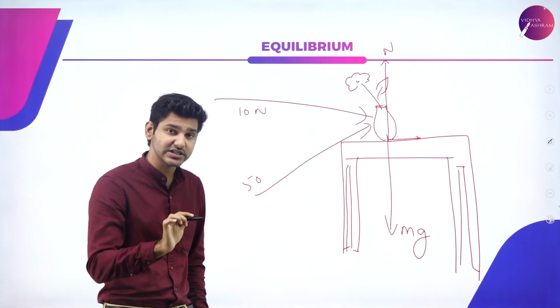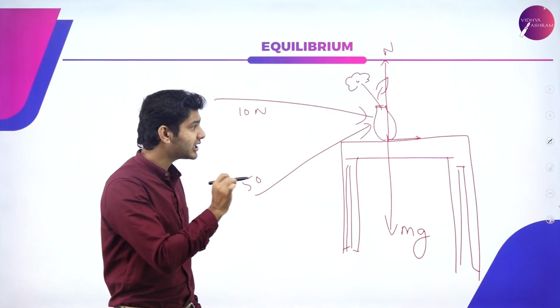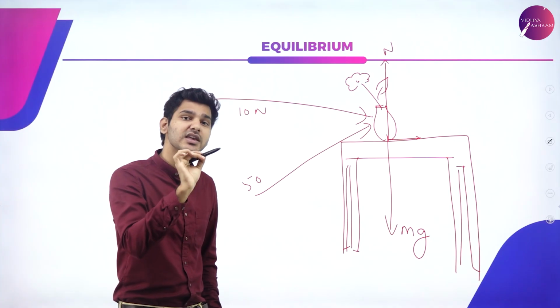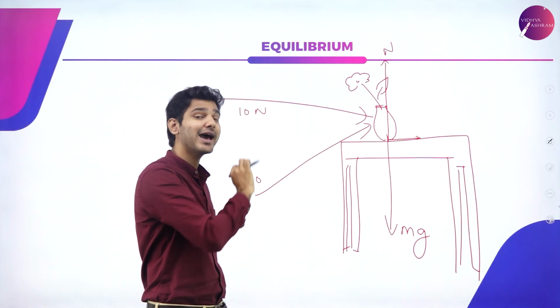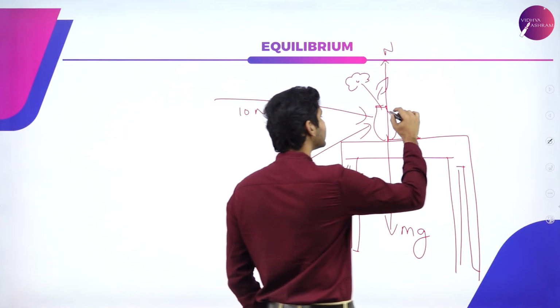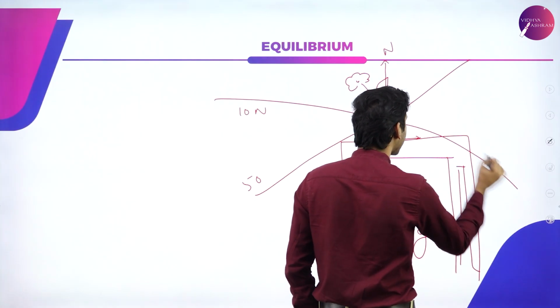But the only point is that for this object to be in a state of equilibrium, that is, to be in a balanced state, all these forces should be cancelled out.